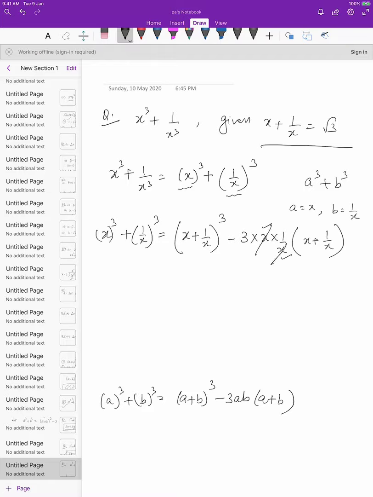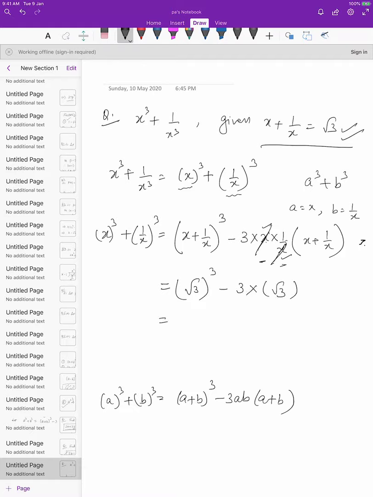In the previous questions these two terms were not cancelling out, so they had to give one extra value of pq as well. So here they are getting cancelled, so we need not put the value of the product here. Now what is x plus 1 by x? It is given to be equal to root 3. So I am writing here root 3 whole cube minus 3 into x plus 1 by x is again root 3.